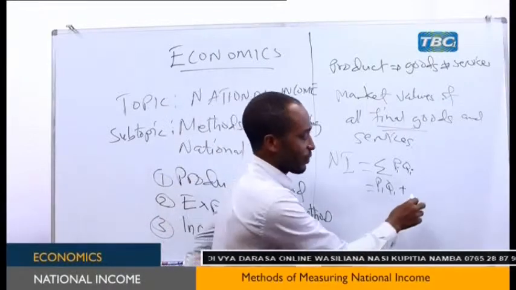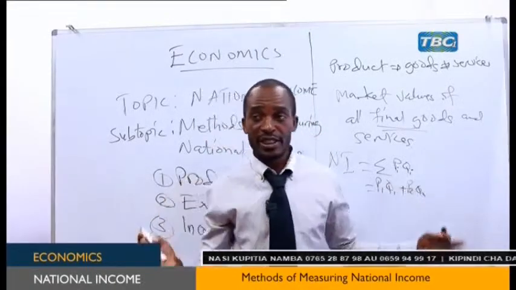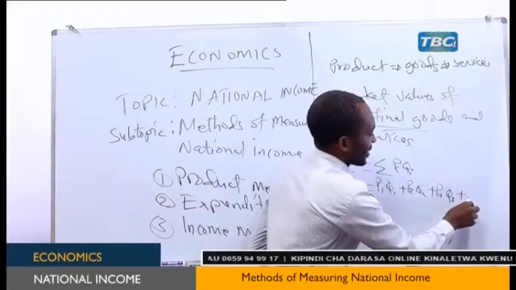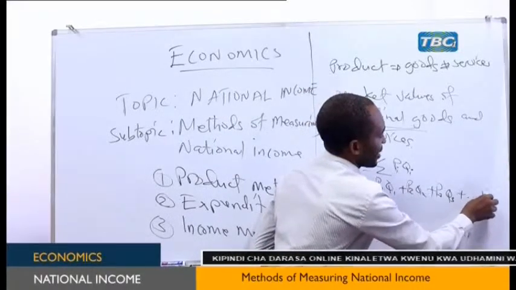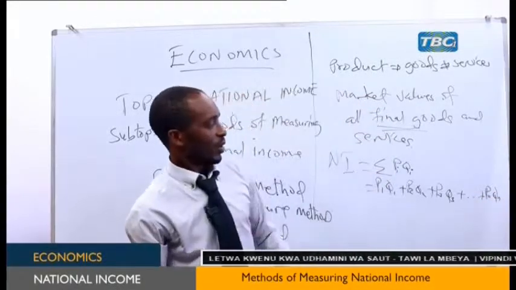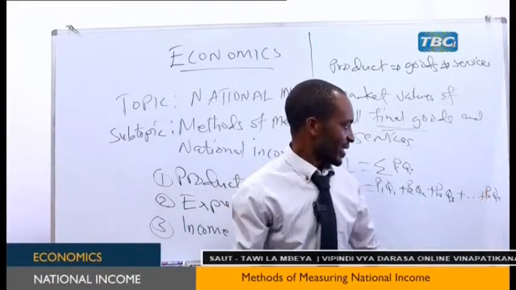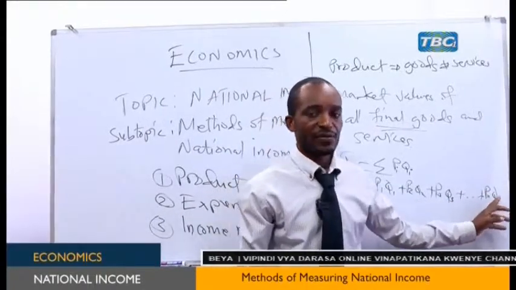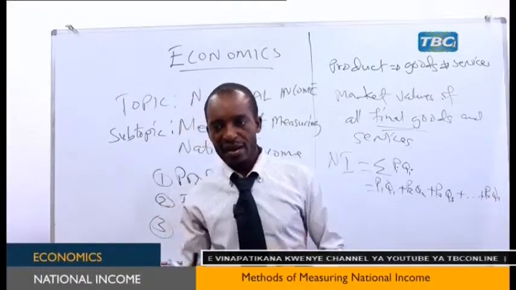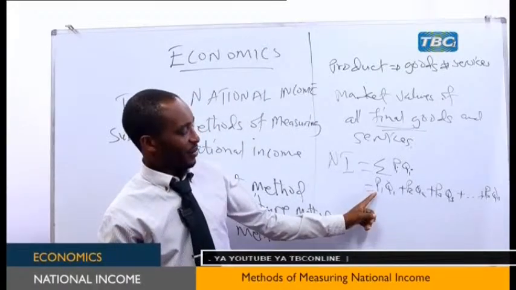So you take the price of maize, which is P2, times the quantity of maize produced in the whole country. Then you add plus dash dash dash plus Pn times Qn. So n stands for the number of different goods and services we are producing in our economy.